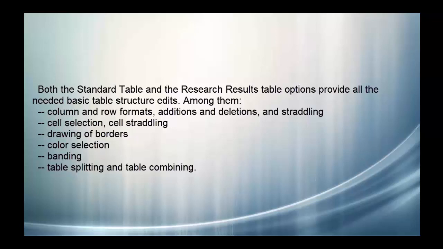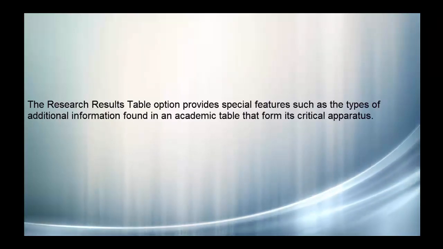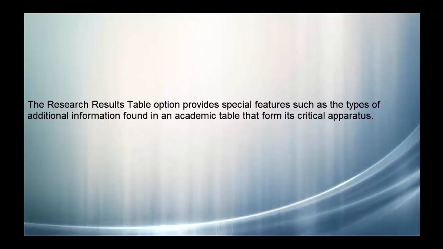Among them, column and row formats, additions and deletions and straddling, cell selection, cell straddling, drawing of borders, color selection, banding, table splitting, and table combining. But the research results table provides special features such as the types of additional information found in an academic table that form its critical apparatus.